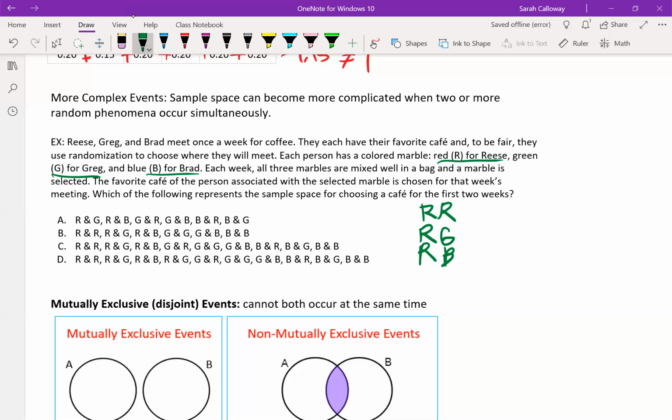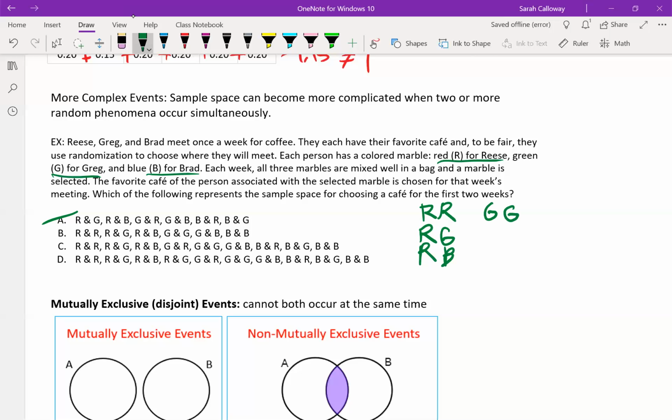Okay, so if I look at my answer choices, I don't have a Reese for A. And so that means that I can eliminate A. Okay, so then the next color is green. So let's start with G. So if Greg gets pulled first, Greg could also be able to pick the next week. So it could be Greg, then Greg.